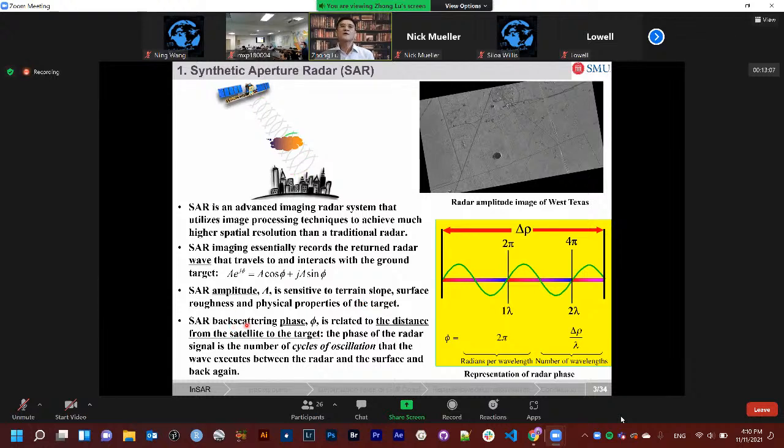The important part is the phase of the received signal. The phase is related to the distance from the satellite to the ground. Each phase records a fraction of the wavelength between the satellite and the target.